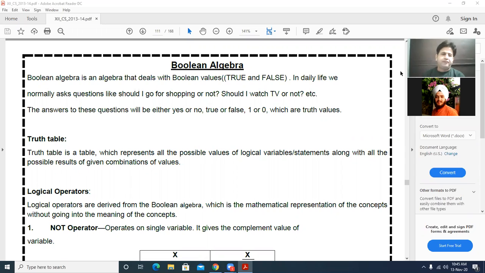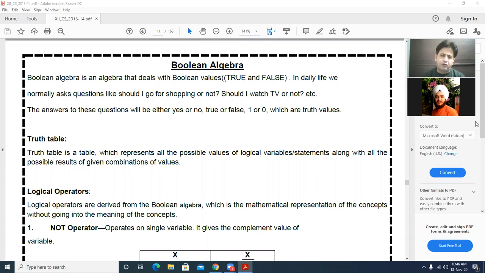Boolean algebra. Because sometimes in your life you face two possible answers to a question. So true or false. For example, you are watching TV, yes or no. It means there are only two possible answers, yes or no. And this field of algebra that deals with only two values is called Boolean algebra.